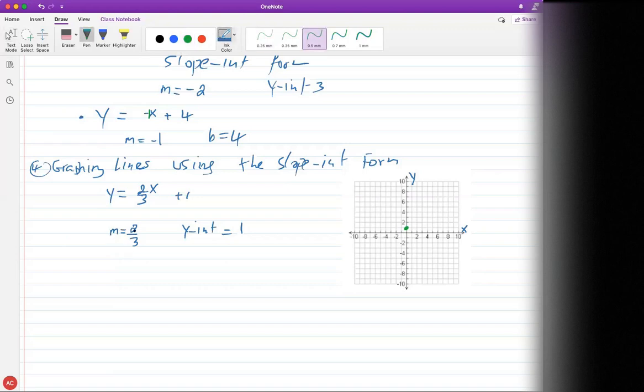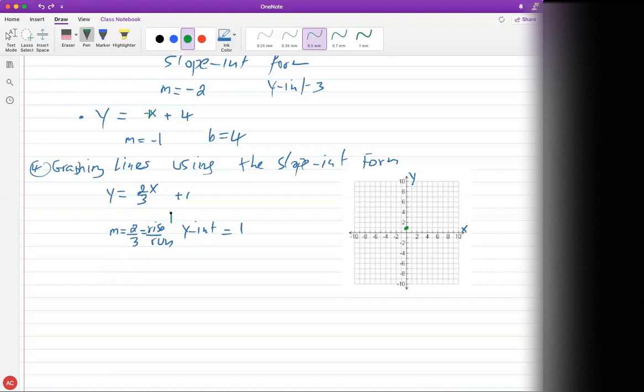So the slope is 2 over 3, which is also called the rise and run. The top number is the rise, the bottom one is the run. The reason why we say so is we start from here, and then we rise, or go up, 2 units. So from here, we're going to go up 2 units. And the run is either left or right.